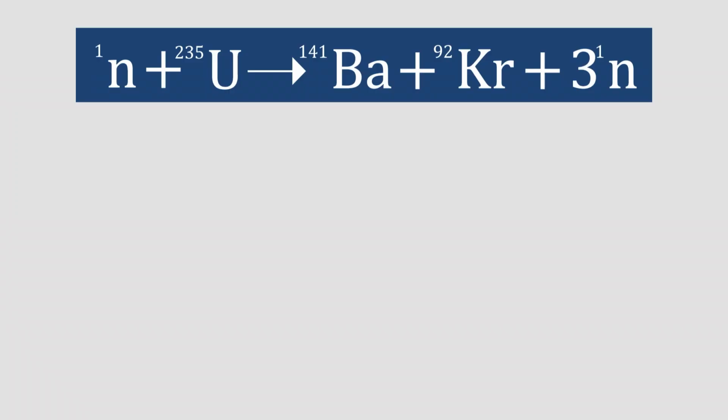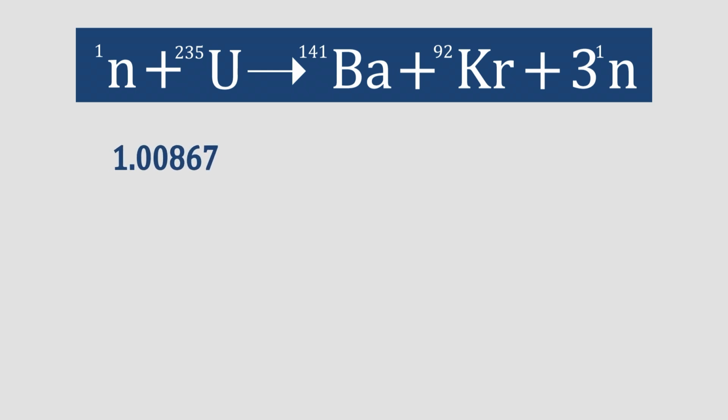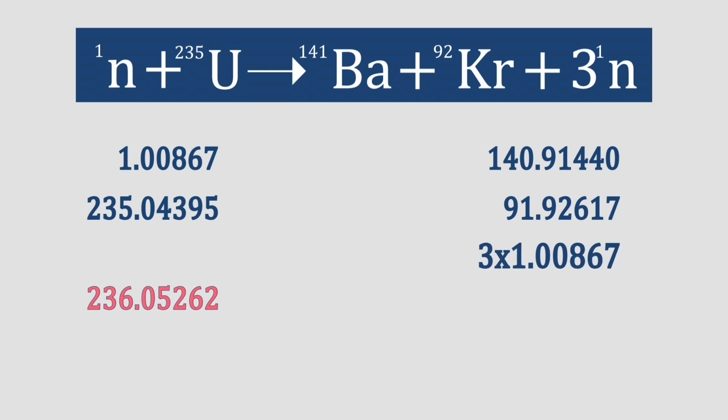Let's work it out for this example. To do this, we're going to use the super accurate atomic mass unit, u. All of these values of mass then are measured in u. So we add the mass of one neutron to the mass of one uranium nucleus. On the right hand side we add together the masses of one barium nucleus to one krypton nucleus, and then we have to add in the mass of 3 neutrons.